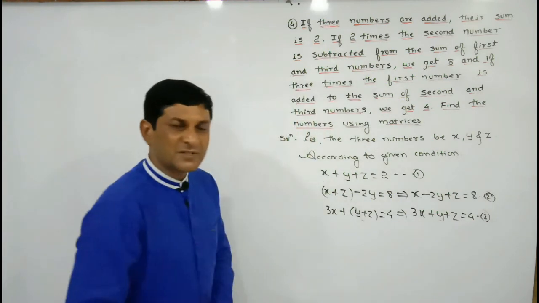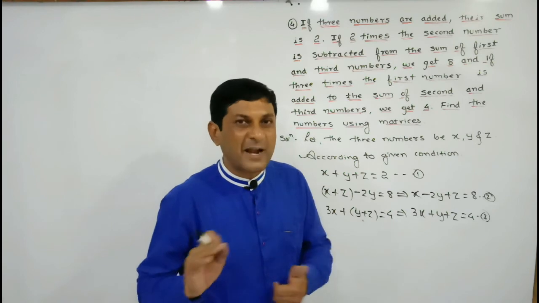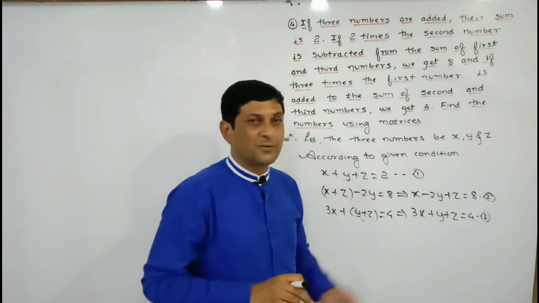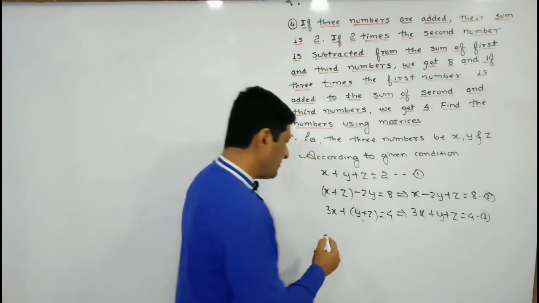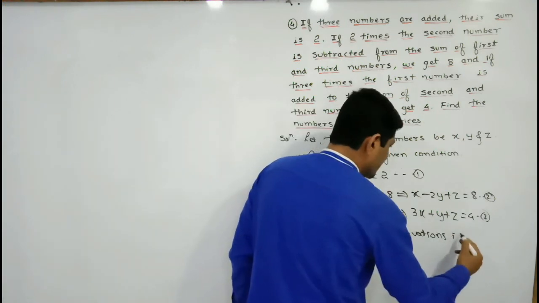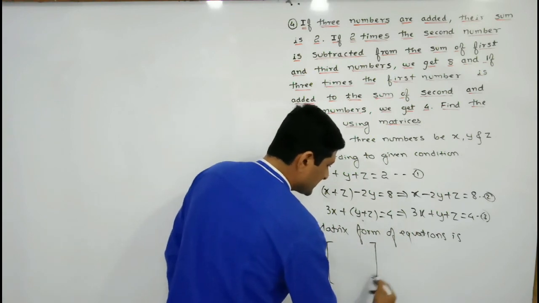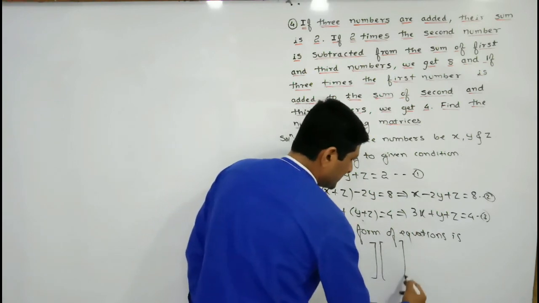Once the 3 equations are known to us, first write down these 3 equations in matrix form, since we have to solve them using matrices. Whenever we write the equation in matrix form, in the first matrix we collect the coefficients.